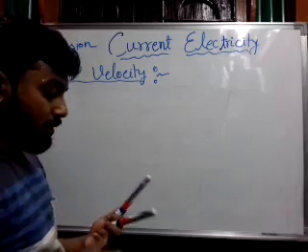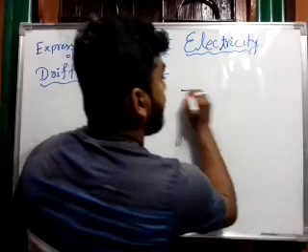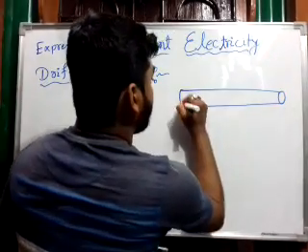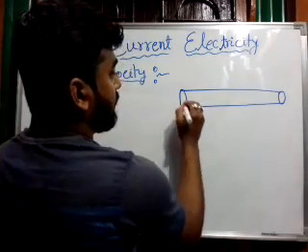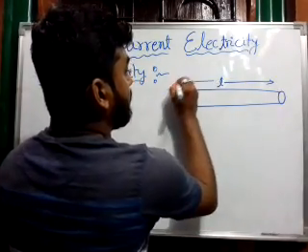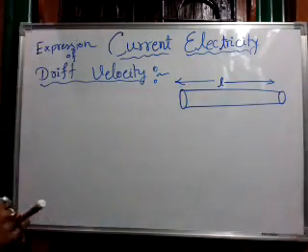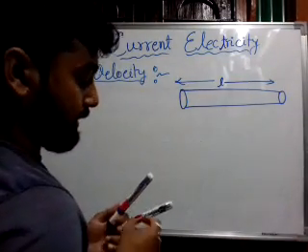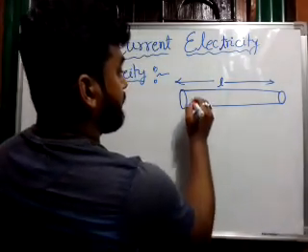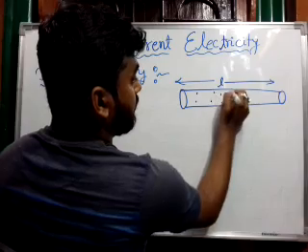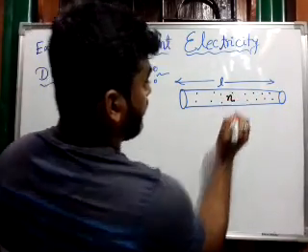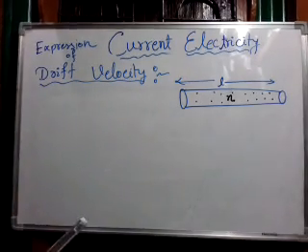Clear, everybody? Suppose you consider a conductor of length L. Clear? Suppose the number of electrons per unit length is n.